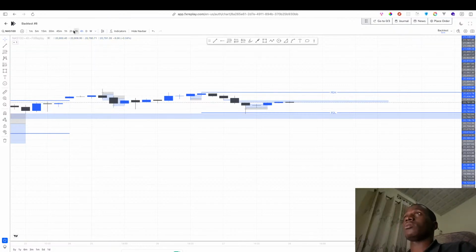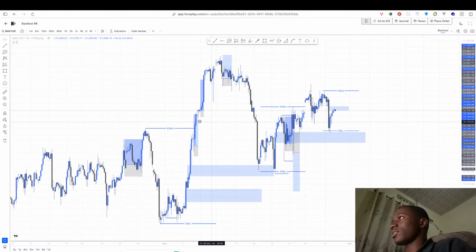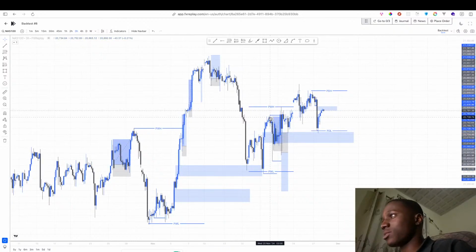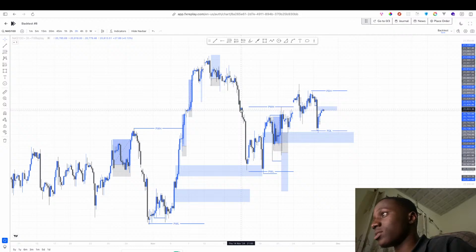Let's go on the 1 hour and then the 3 hour. First of all, you can see that the previous weekly high was this one, and it was taken out. Was the previous weekly high this one or this one? This was the 14th November, and in this week it was 21st November, which means which week are we? 28th.